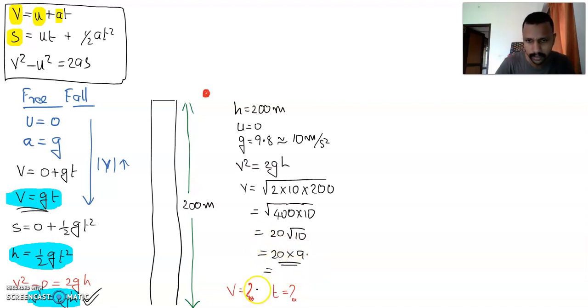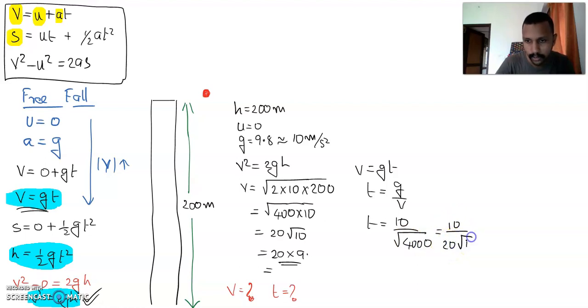Final velocity. Then, if you are asked to find out the time required, you could find the time by using the equation v is equal to gt and t is equal to v by g. Therefore, t is equal to v divided by g, where g is taken approximately as 10. V is, I could write it as root of 4000, that is divided by 10.